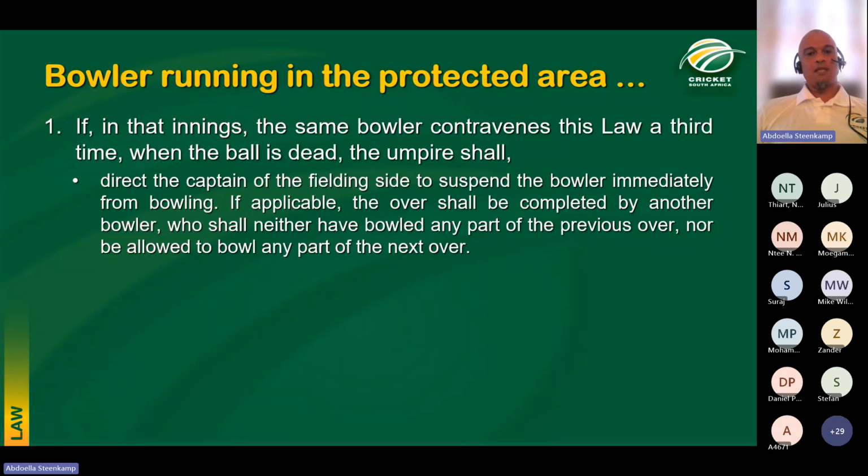If this happened, let's say mid-over, the law now wants the over to be completed by another bowler, and this new bowler should not have bowled the previous over, nor is this bowler allowed to bowl the next over. You then need to inform everyone, batters, your colleague, and then you need to report this to the governing body of cricket for that particular competition.